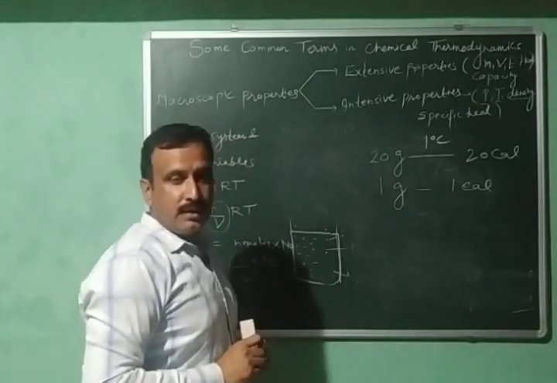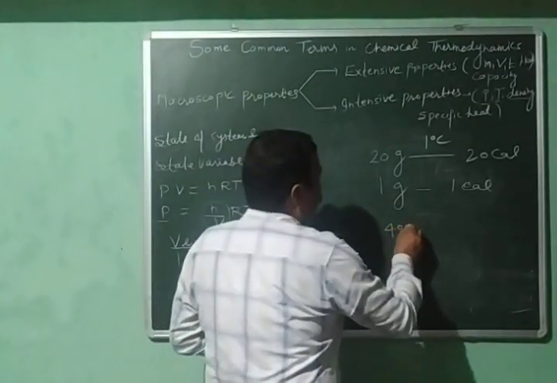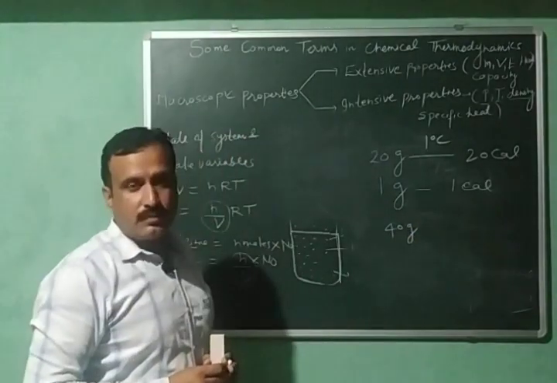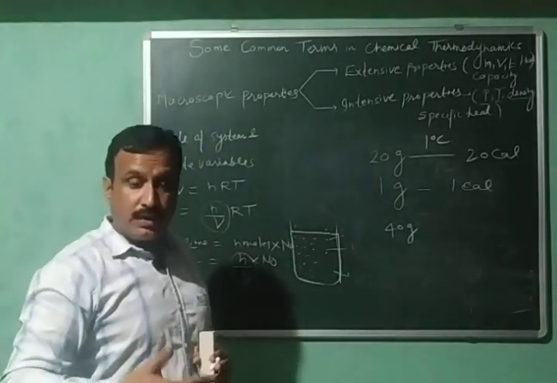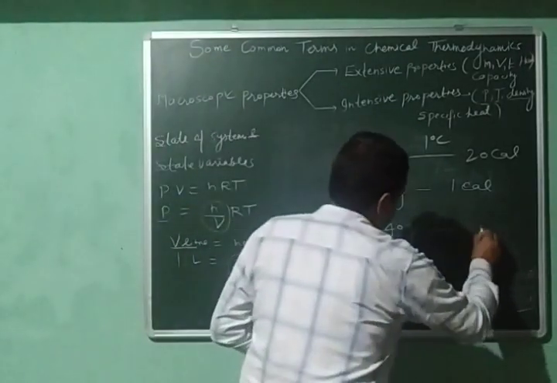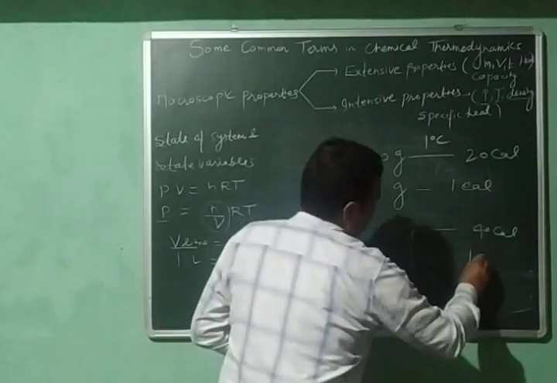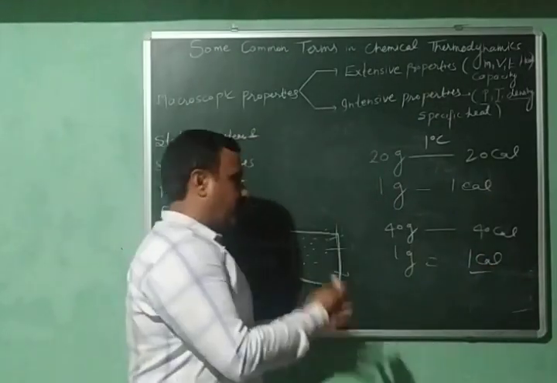Now I have doubled the amount. For example, now I am having 40 gram of water. Then for the 40 gram of water, how much heat will be required? 40 calorie. And for 1 gram of water, it will be equal to 1 calorie.